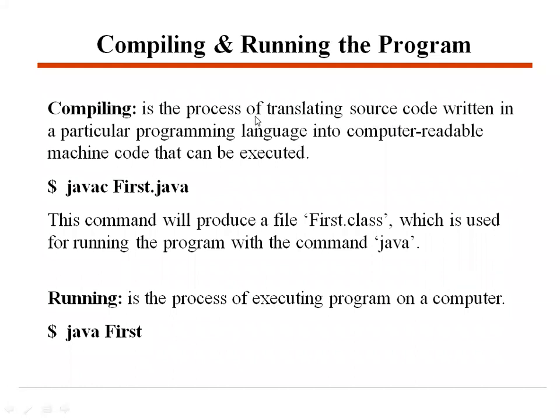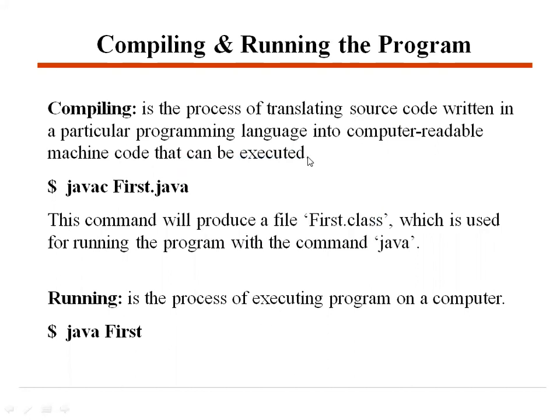You need to translate it into computer readable machine code, so that the computer can understand and execute it, because a computer understands only zeros and ones, which is called machine code.